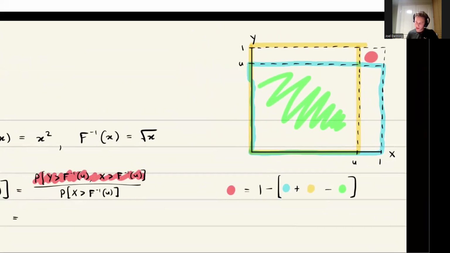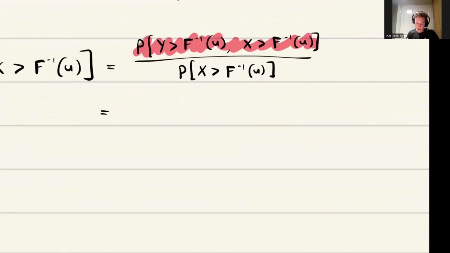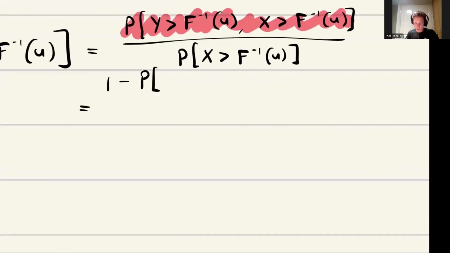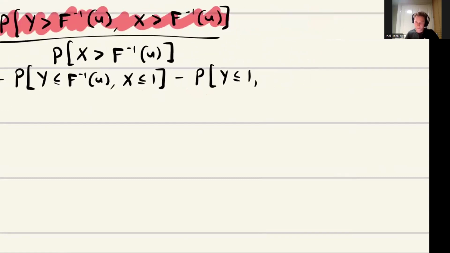So once we have that, what we're going to do is rewrite this red highlight bit exactly using that stuff that we just talked about. So 1 minus the probability that y is less than or equal to, so remember I used u, but it's really f inverse at u, and the probability that x is less than or equal to 1, minus the probability that y is less than or equal to 1, and x is less than or equal to f inverse at u.